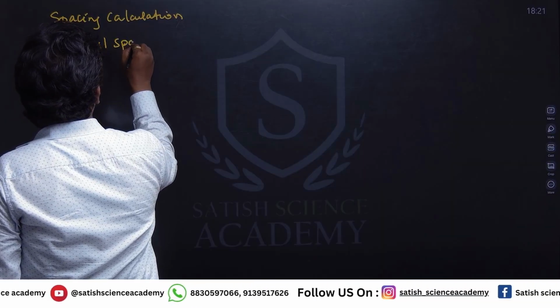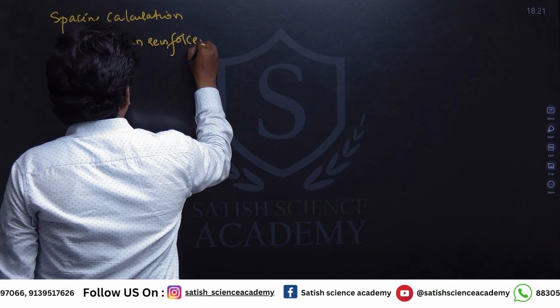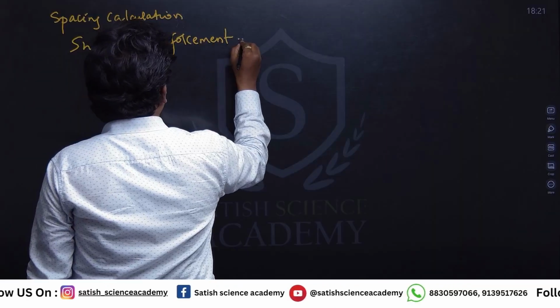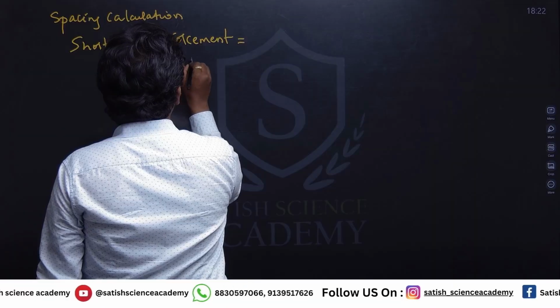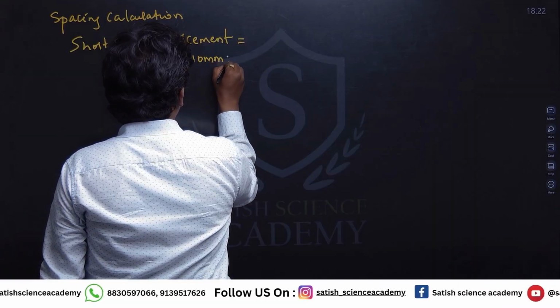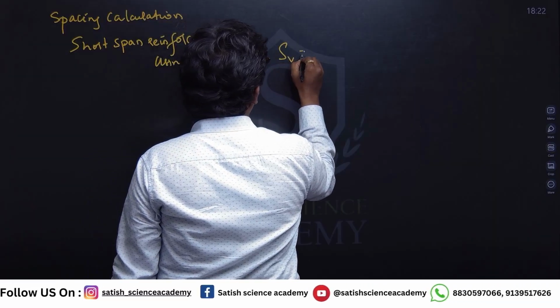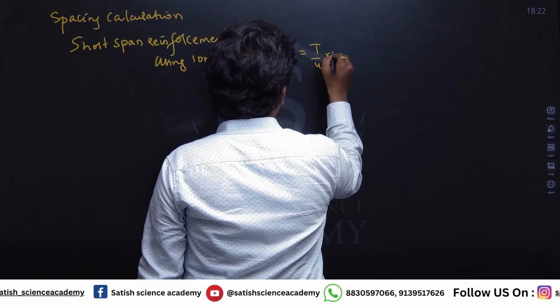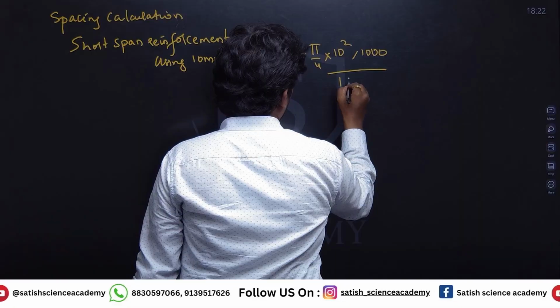Short span reinforcement: using 10 mm dia bar, Sv equal to pi by 4 into 10 square into 1000 divided by 180.